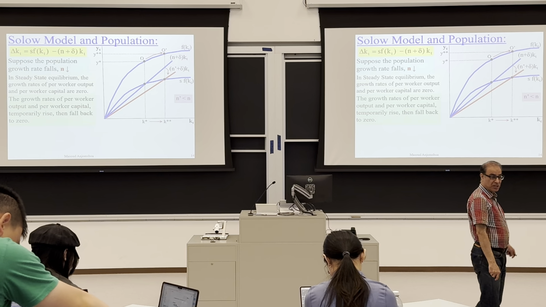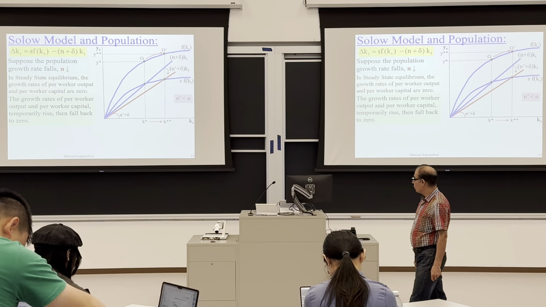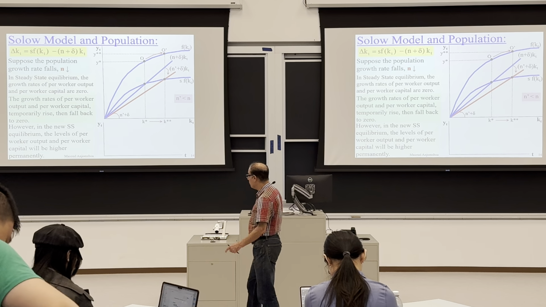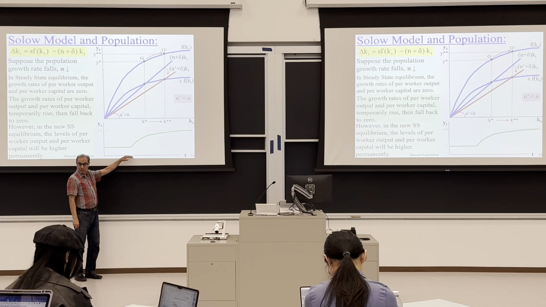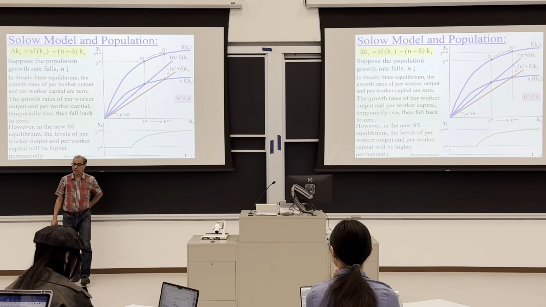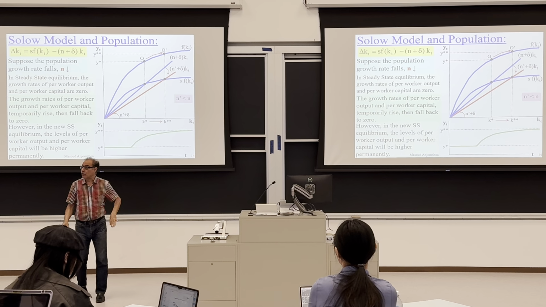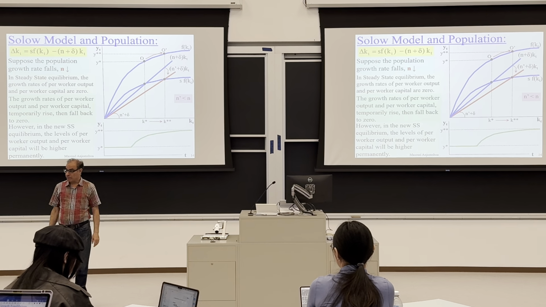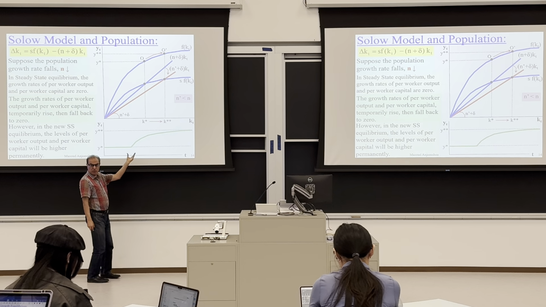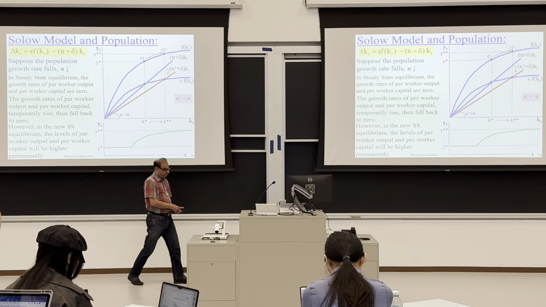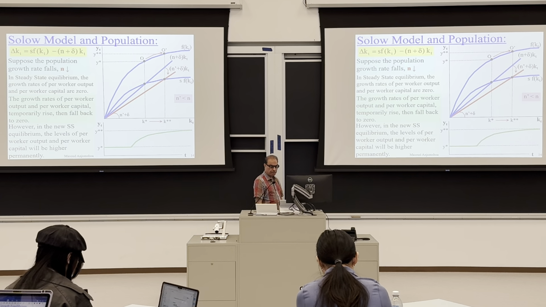I am talking about per worker variables. So if you have a timeline, it is like this. It helps the growth rate of the economy just temporarily. So another problem. So these are policies.